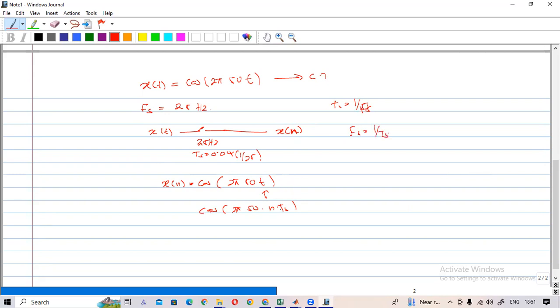So if you put 1 over Fs here, it is like this. This is called the normalized frequency of the sampled signal or discrete time signal.